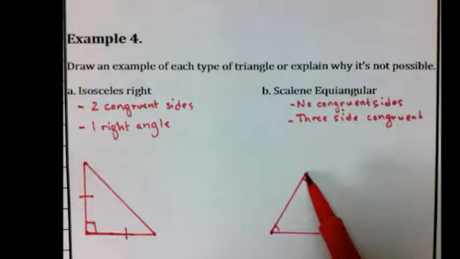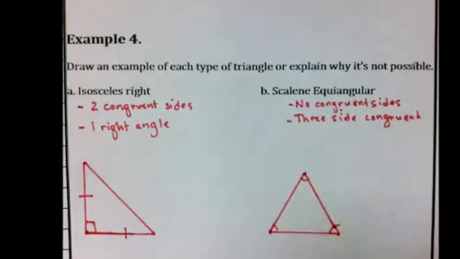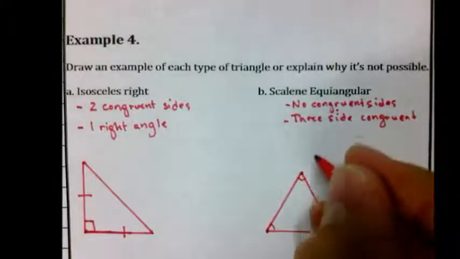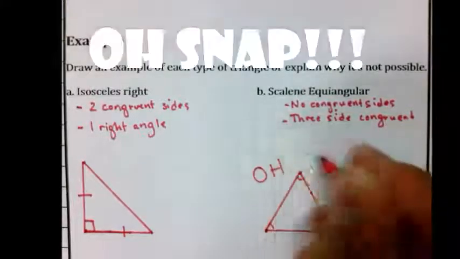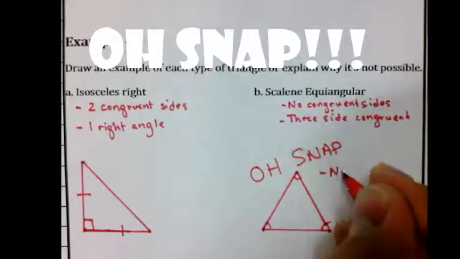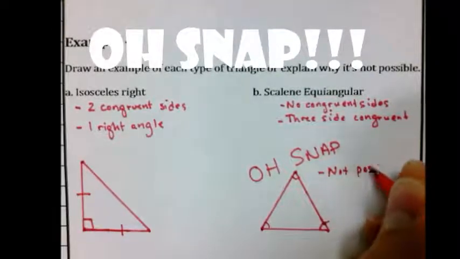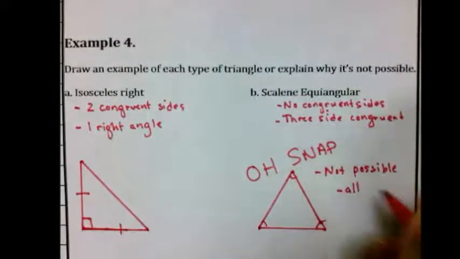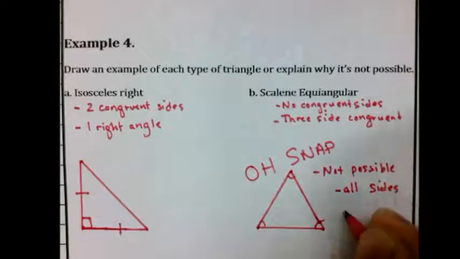The reason for that is once you have all three of these angles being the same, those sides have to be congruent as well. Okay, so this is, oh snap, not possible. All sides must be congruent.